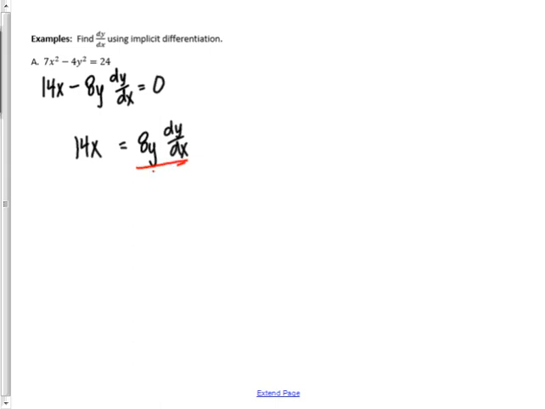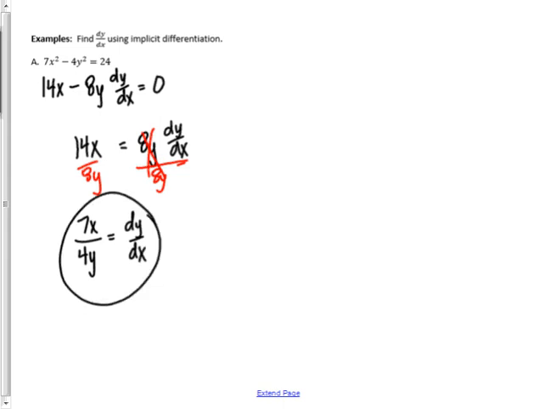So to get it by itself, I just divide both sides by that 8y to cancel it out. So reduce that, and it reduces by 2, so you get 7x over 4y equals dy dx, and that's the way we can find that derivative when we weren't able to originally get that y by itself.